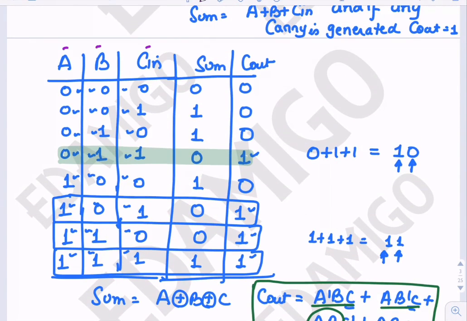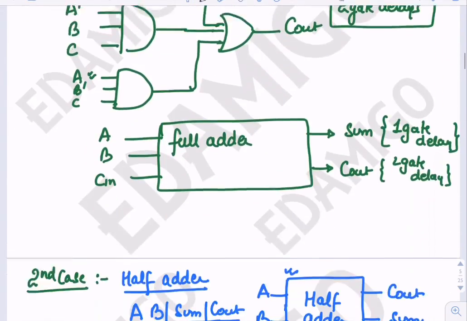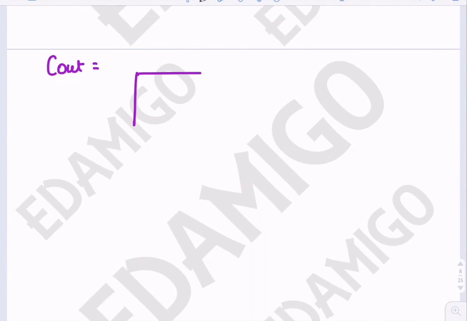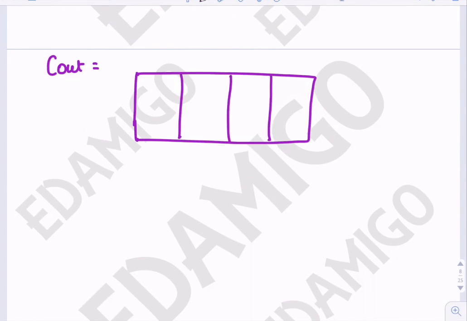A, B, C are the inputs, and Cout is 1 when the input is 3, 5, 6, 7. So let's minimize the expression of Cout. So it is A, B, C in 0, 0, 0, 1, 1, 1, 1, 0, 0, 1.